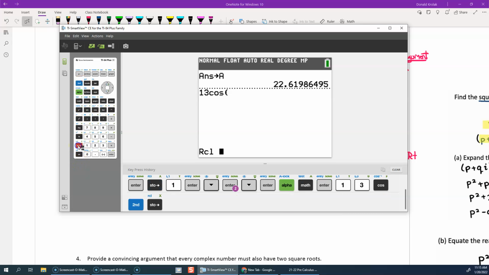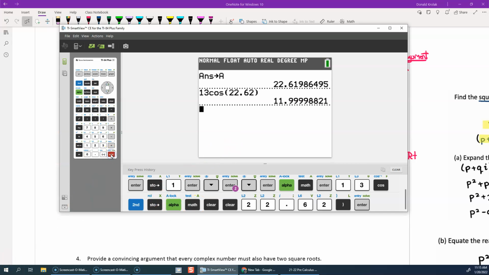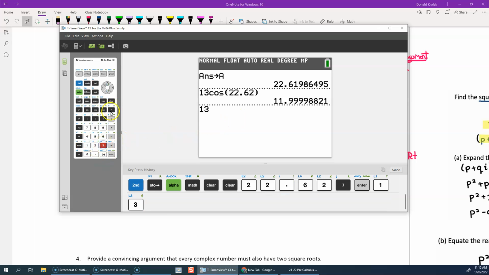Second, we call alpha A. And enter. Okay, so that number is really 12. Okay, and then I'm going to do 13 times the sine of that value.